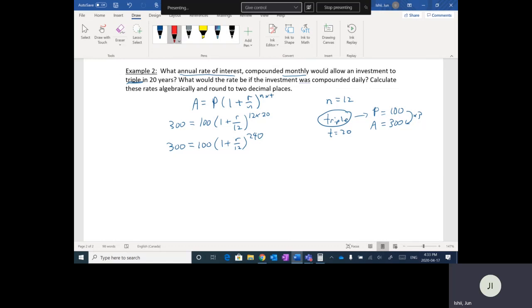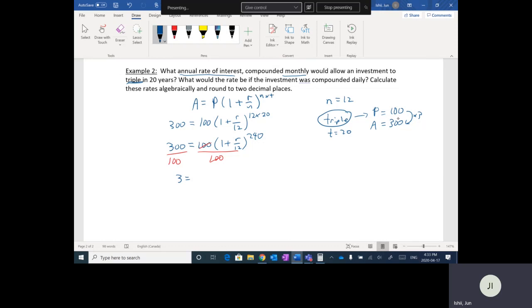Now, to solve for r, our first step is to divide both sides by 100. So these cancel, and what you'll notice is on the left-hand side it's equal to 3, because we started off with 100 and went to 300.